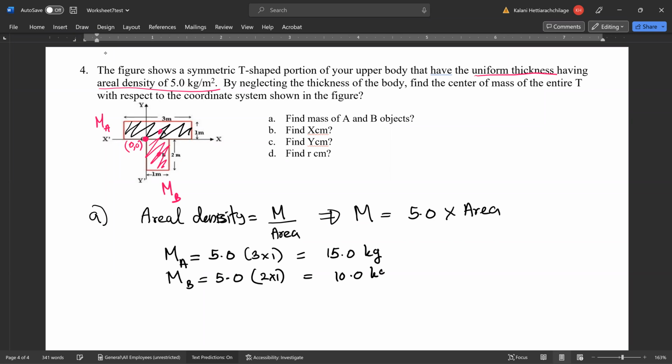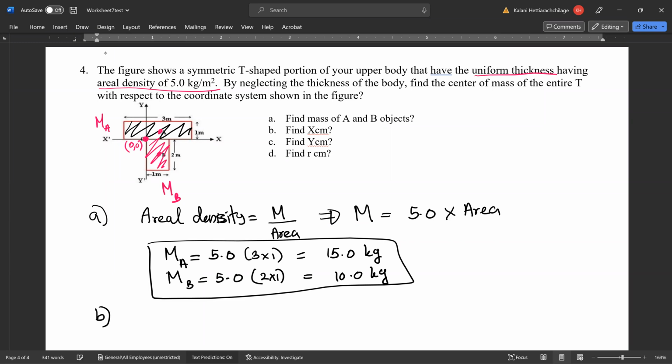Okay, that's the question asked in part A, because we need the masses first. Now we're going to move into part B. We need to find X center of mass, right?